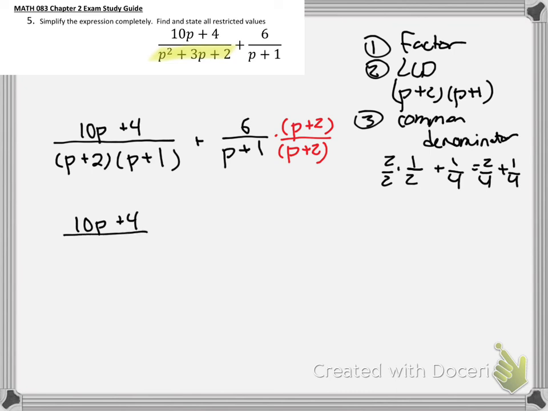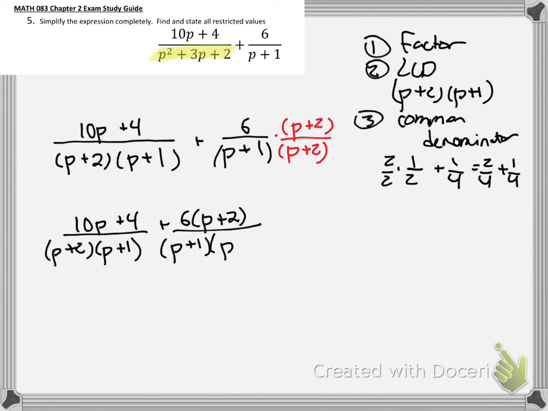So what I can do is I can rewrite this like this. Okay, and then I'm going to rewrite it one more time so that the numerator, just like I might rewrite 2/4 plus 1/4 as 2 plus 1 all over 4.